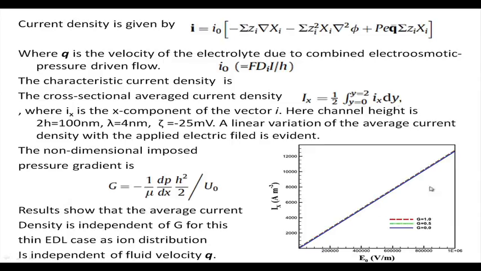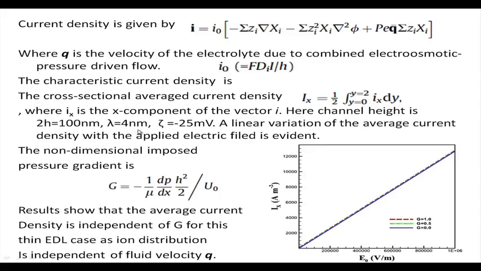You get a linear variation. This linear variation suggests that convective transport has very little effect, and it further shows that if I vary g, that means the pressure difference, there is no change.